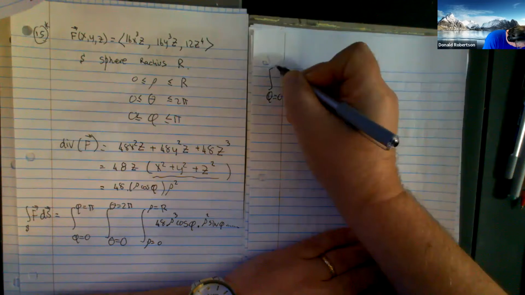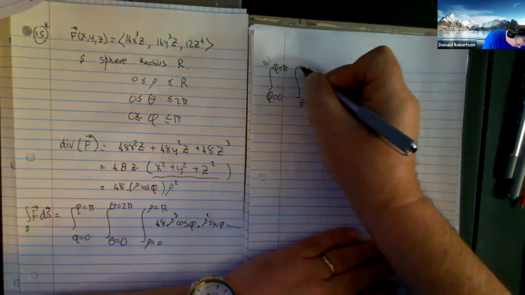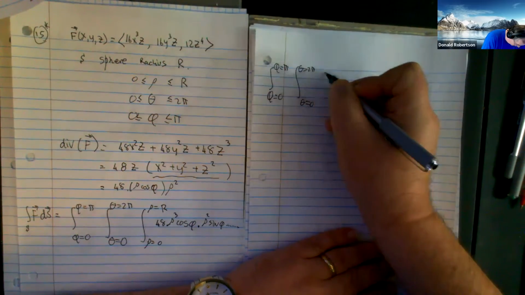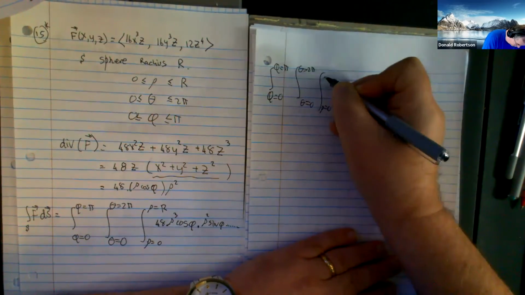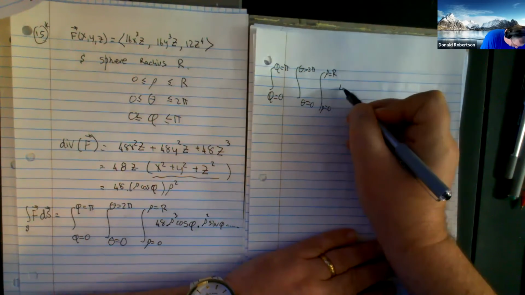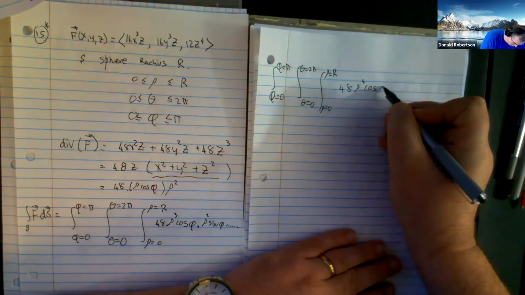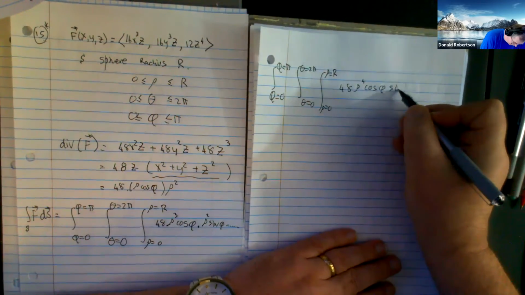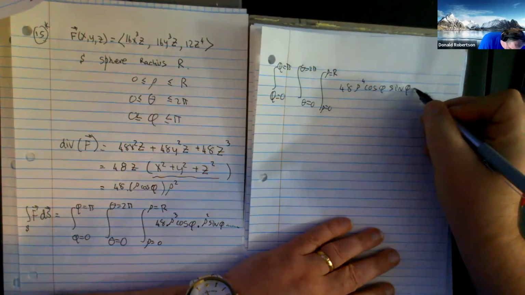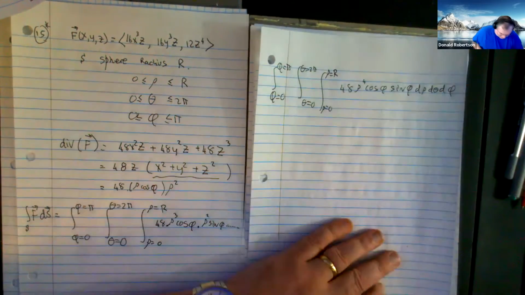Phi is going to go from 0 to pi, again, same with the other two guys. I have 48 rho to the 4 cosine phi sine phi, and d rho d theta d phi.